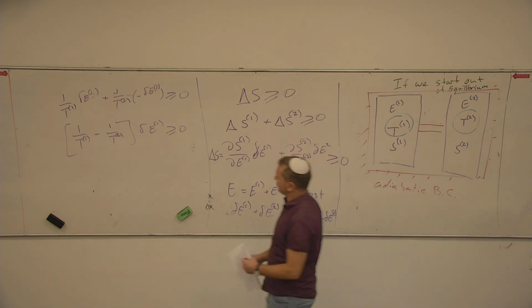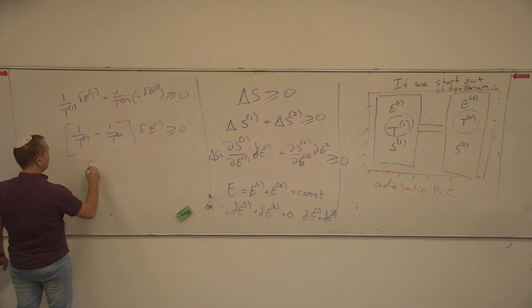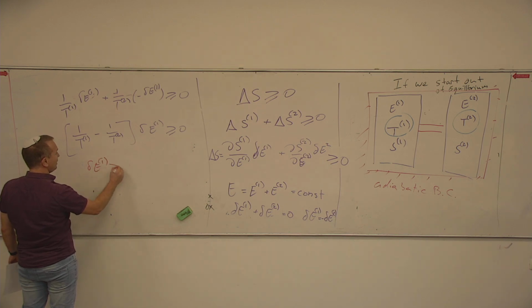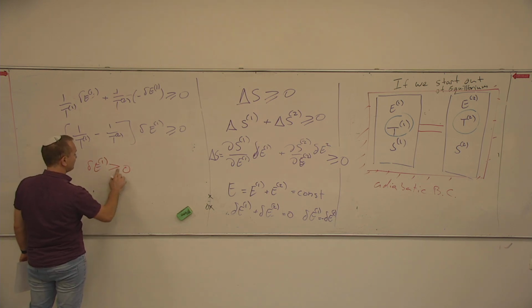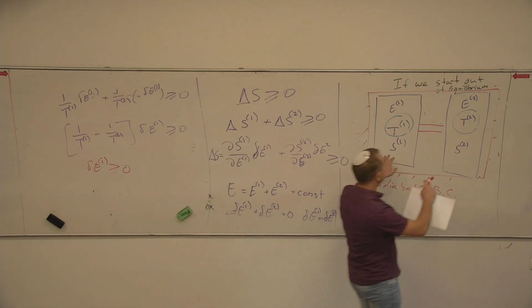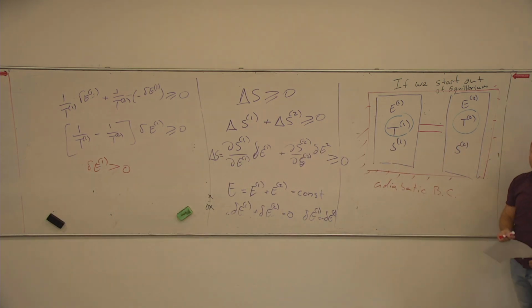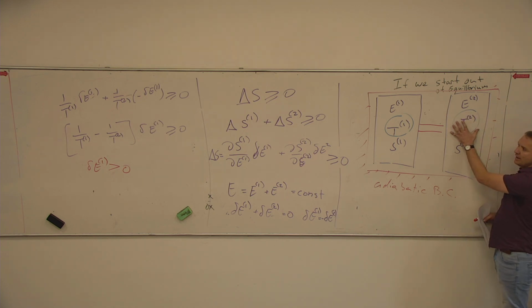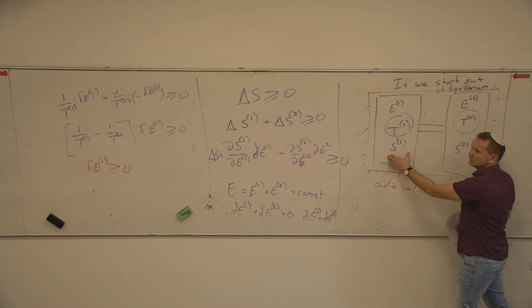So what will happen if delta E1 is greater than 0? What I mean is that I made a contact and heat has flown from the system on the right hand side to the system on the left hand side.